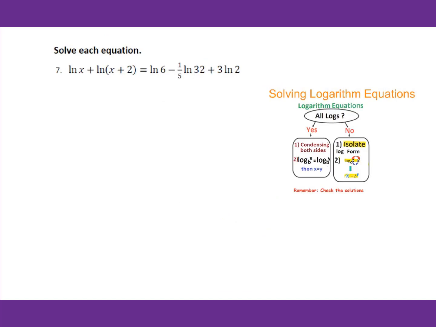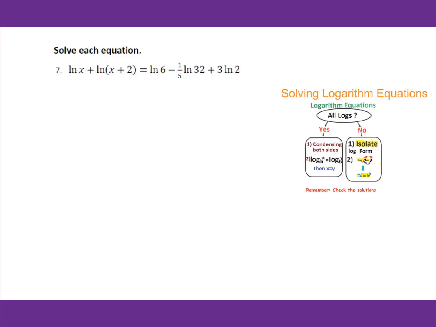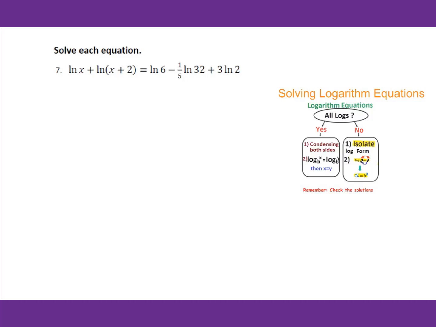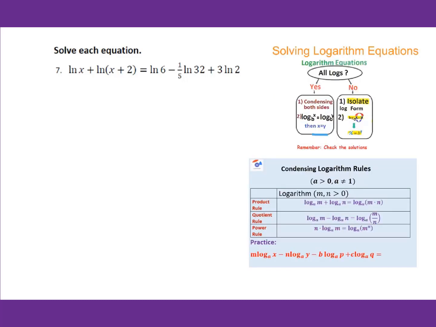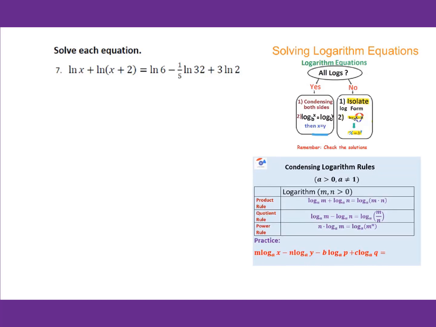For these logarithm equations, we check all logs, yes. So we just need to condense the log on both sides. When condensing the log, here's the formula. For addition of logs, you go to multiplication of the arguments.